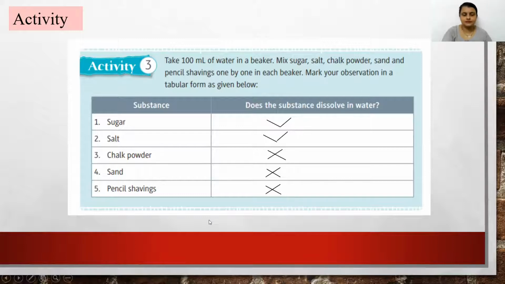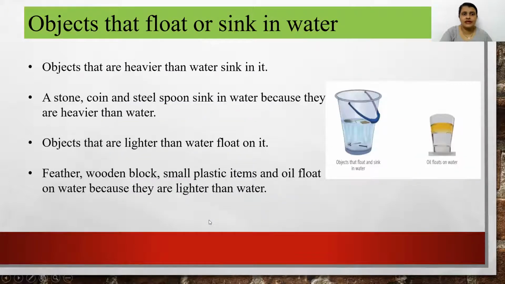Okay, children. Now we will discuss objects that float or sink in water. You must have seen and done this activity at home. It's very simple. Objects that are heavier than water will sink, that will go inside, right? Like stone, coin, steel spoon sink in water because they are heavier than water, right?